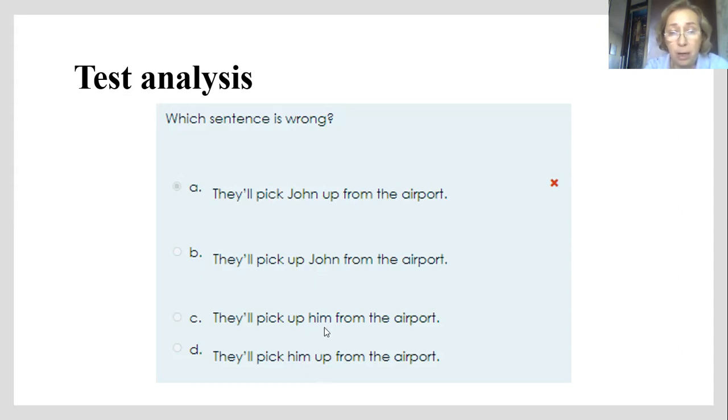But if it is a pronoun, we should use it between the verb and the particle. That is why, which sentence is incorrect? Which sentence is wrong grammatically? Yes, they will pick up him from the airport, because the pronoun is here after the phrasal verb, which is wrong.